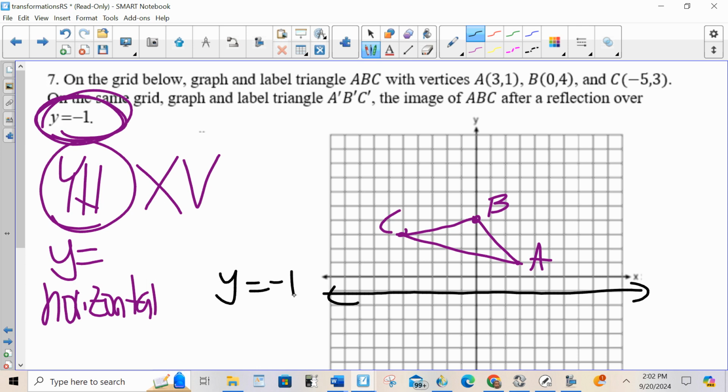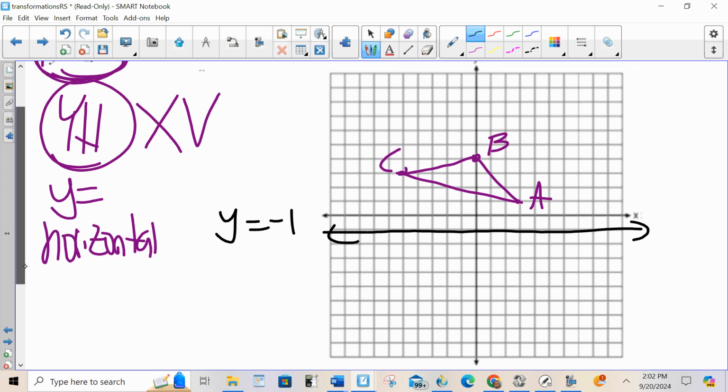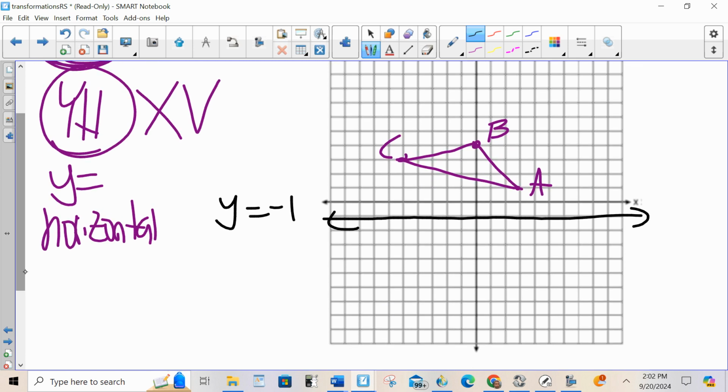So now I'm going to count to the line of reflection. Since it's a line, I'm only counting in one direction. For C, I'm going down 1, 2, 3, 4. There's C prime. A is down 1, 2 for A prime.